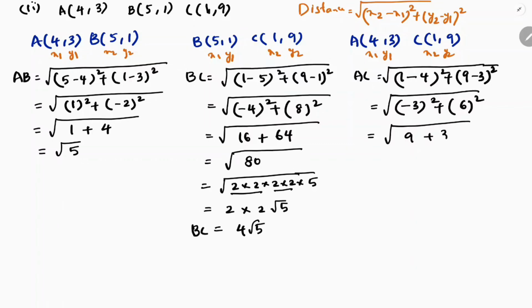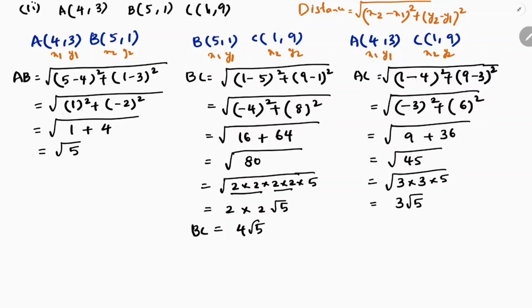Minus 3 whole square is 9, 6 square is 36, 9 plus 36 is 45, 3 into 3 into 5. So that is 3 root 5.